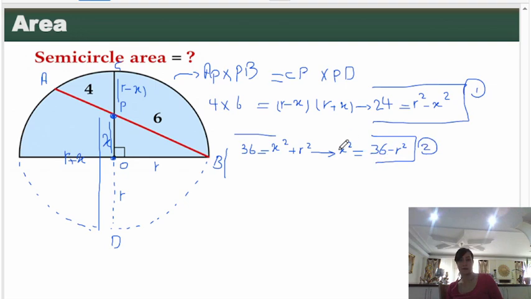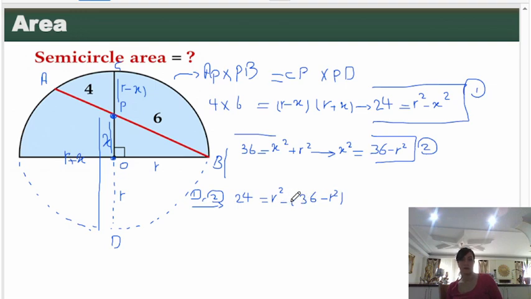Now I substitute this amount inside step 1. That means I put 36 minus r squared instead of x squared in step 1. So from steps 1 and 2, I can say 24 equals r squared minus, instead of x squared, 36 minus r squared.